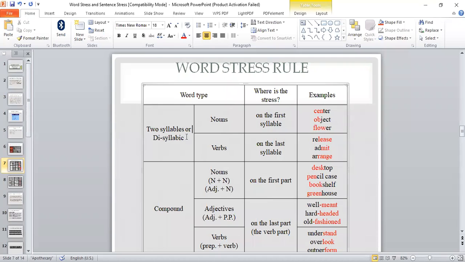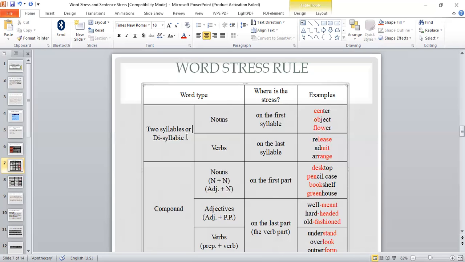Now, after considering the first word, you may need to apply the rule of the disyllabic word to say that the stress is placed on the first syllable of a disyllabic noun. So if you look at the first word, we have desktop. Now we have two words there, we have desk and we have top. Two words that have their own meaning joined together to form a singular word. And that is how you identify a compound word.